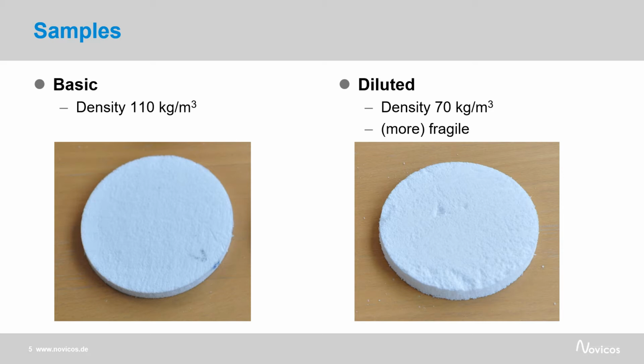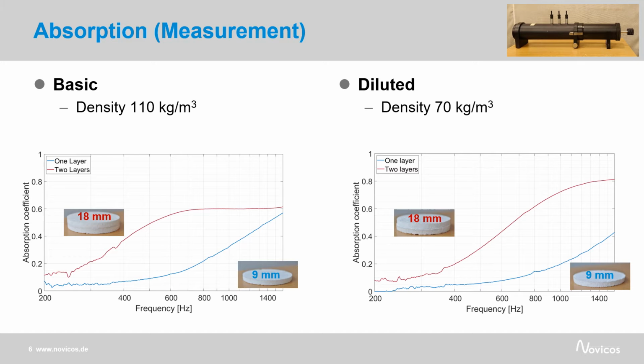For the characterization of the acoustic properties, I chose the absorption coefficient. To define the absorption coefficient, I made impedance tube measurements up to 1600 Hz. Both samples have a thickness of 9 mm. I made measurements with one layer and two layers of each sample.